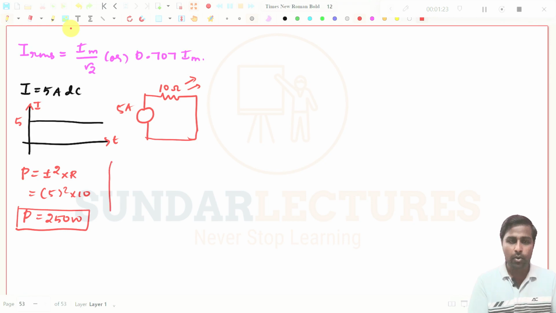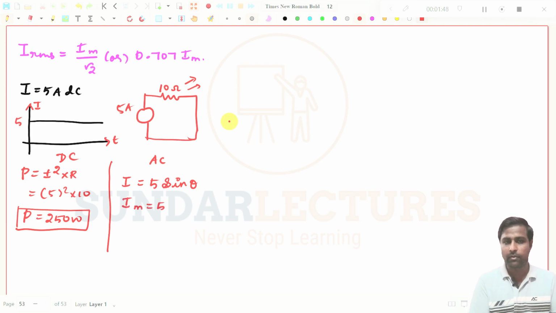And now you see this is for DC. If you are taking for AC, then I will be equal to 5 sine omega t or theta, anything it may be. See, this 5 is Im. Here it will be equal to 5.